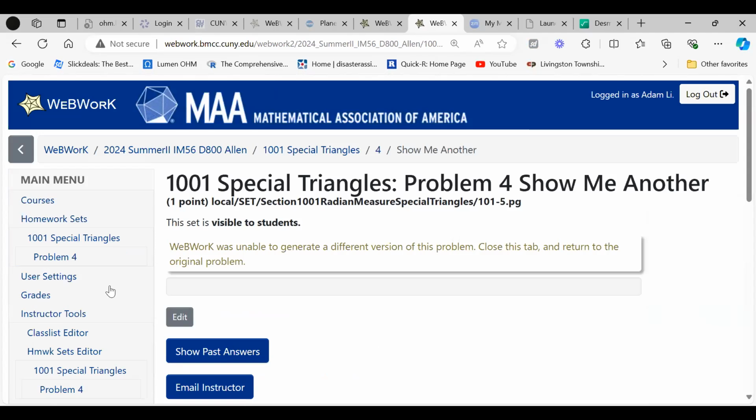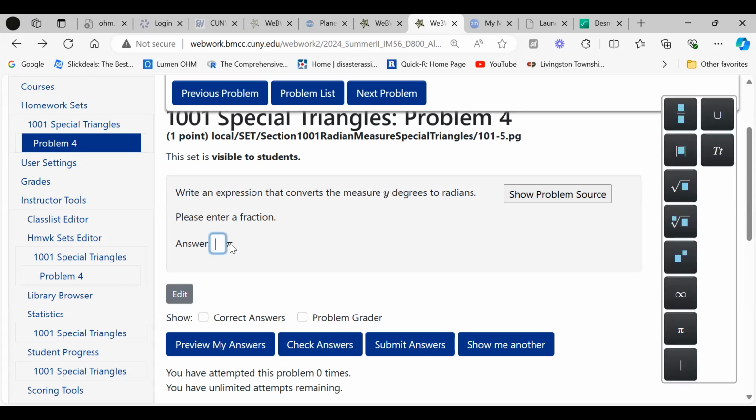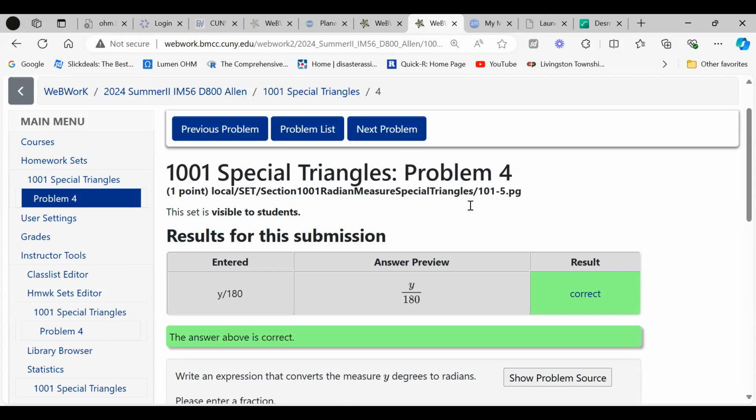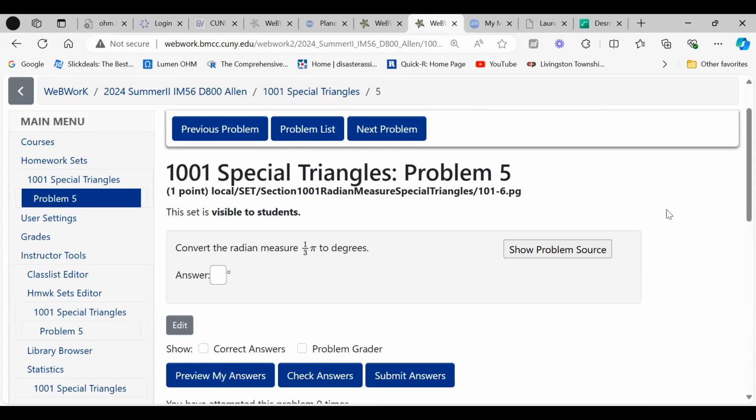Let me show you why. It's just going to be y over 180 times pi, right? You set up a proportion and solve it, and you end up with this, y over 180 pi. When you convert the radian measurement to degree measurement, it's actually slightly easier.